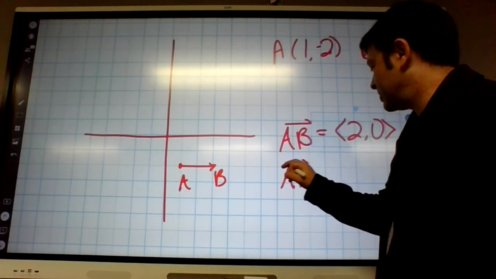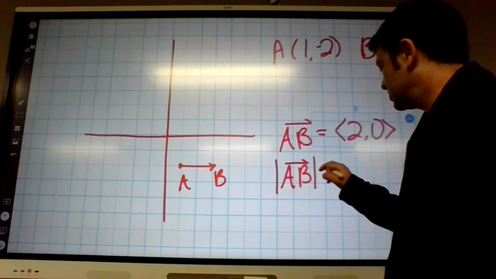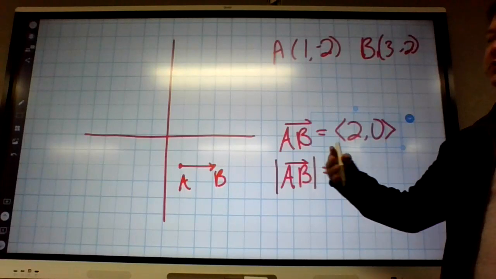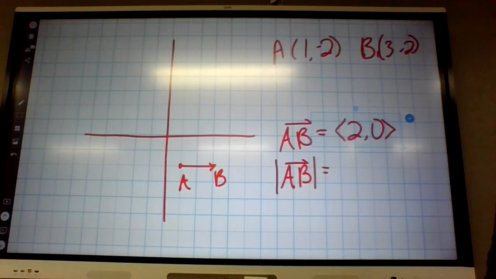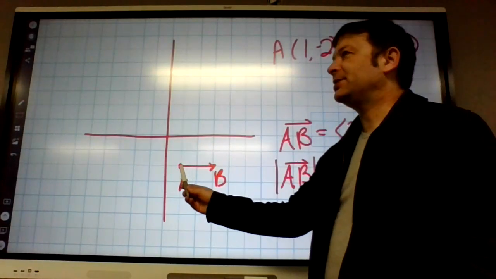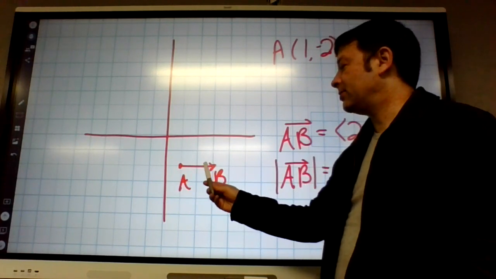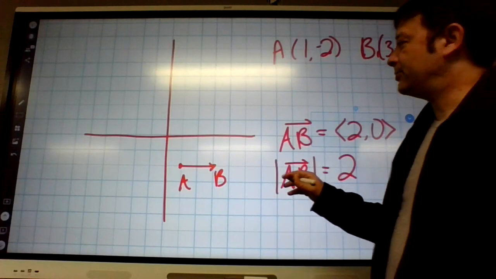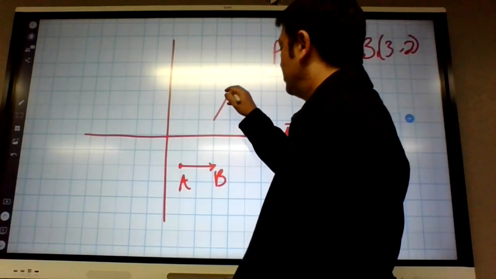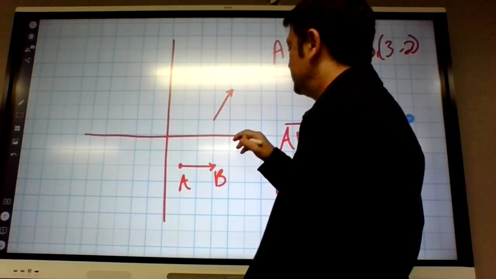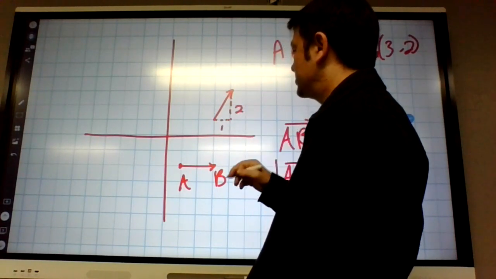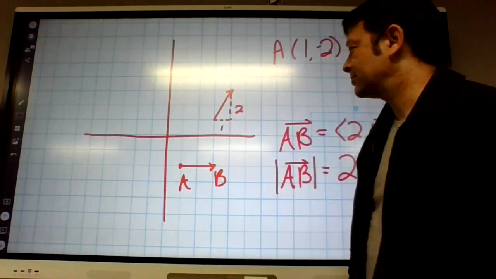But then they ask for the magnitude. You guys remember what they meant by magnitude? This means the length of the vector. It represents how strong the force is. So, well, it's kind of easy here. How do I find this? How long is that? 2. It's a little trickier. We talked about this yesterday. If this was a 1, 2 vector, what's the magnitude of this vector?